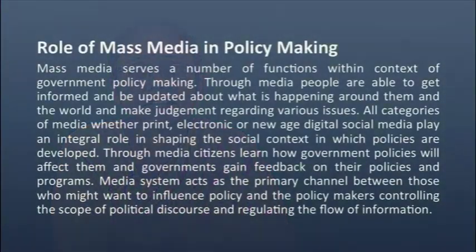The media channels information between the public and the policy actors who are responsible for making the policies. They communicate the information between the public and the government.